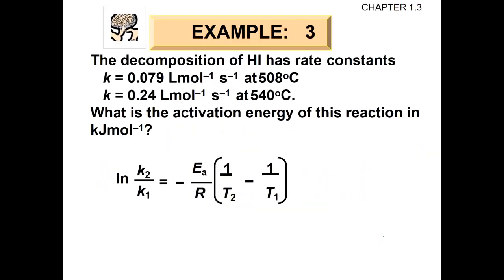So now we look at example 3. The decomposition of HI has rate constants: first, K is 0.079 liter mole^-1 s^-1 at 508 degrees Celsius.